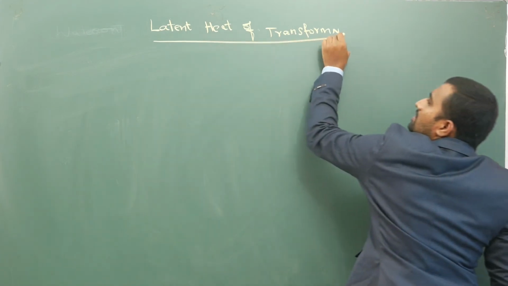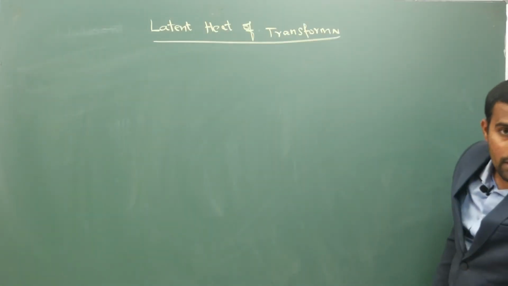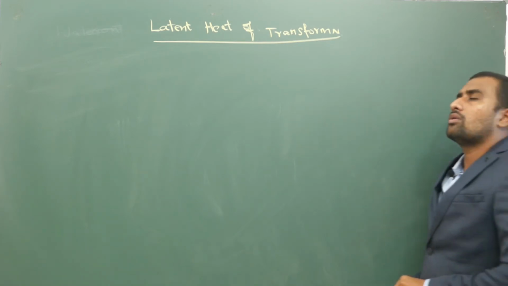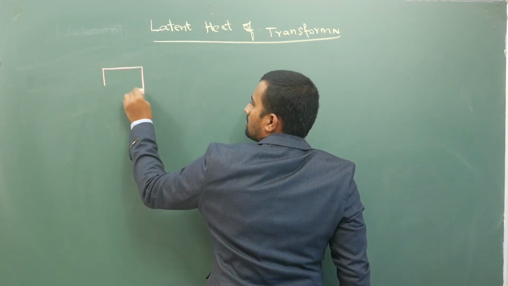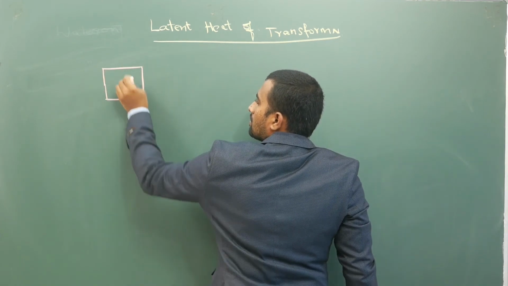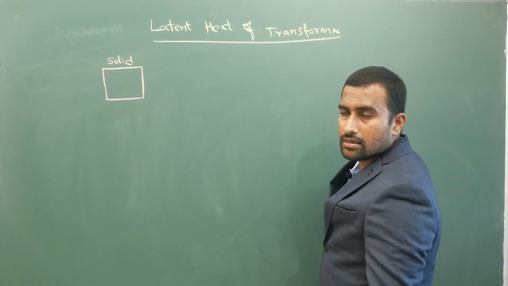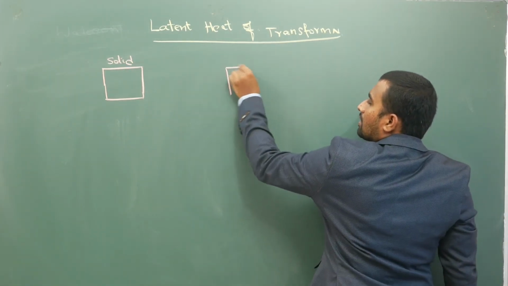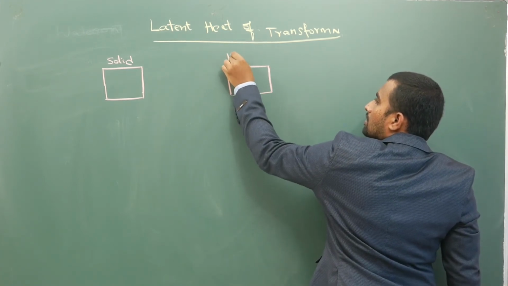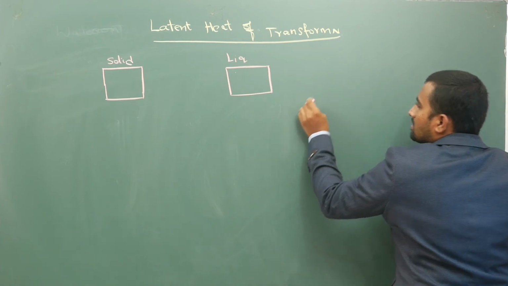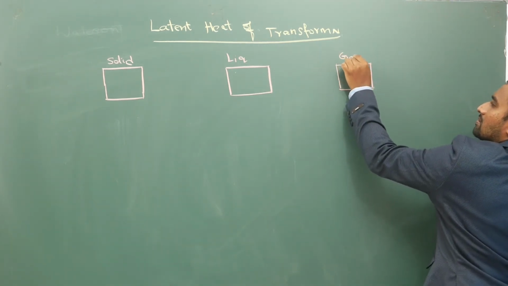So what is this latent heat of transformation, you are supposed to know. Now, let us say you have a solid. Now this solid, let us say you are converting into liquid, and this liquid you are converting into gas.